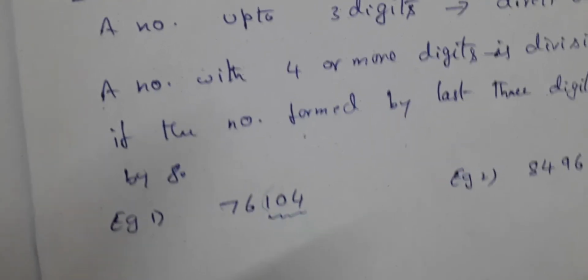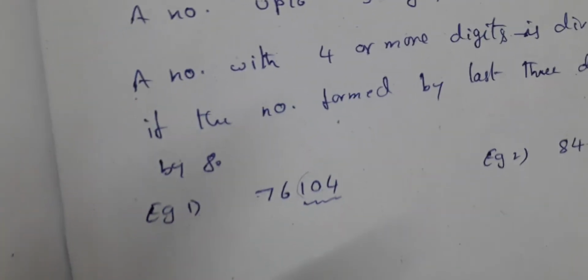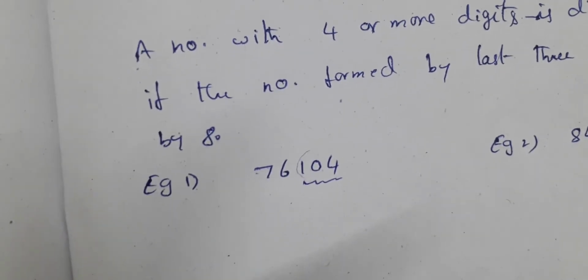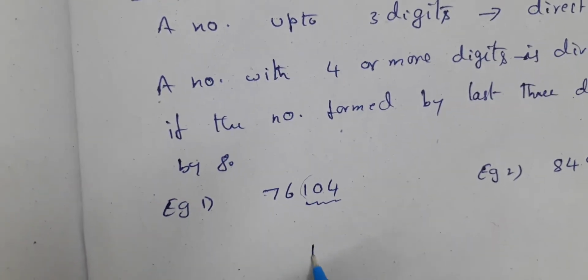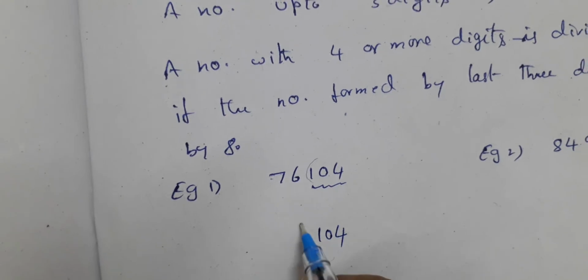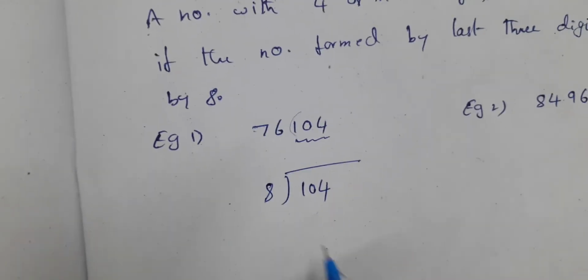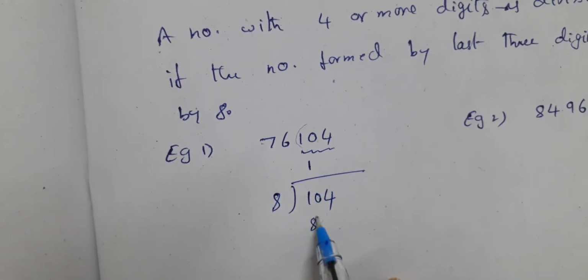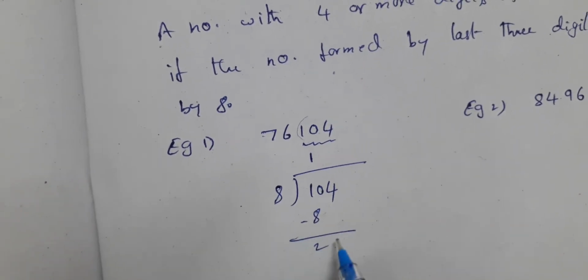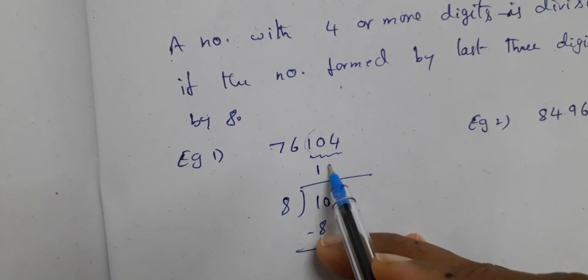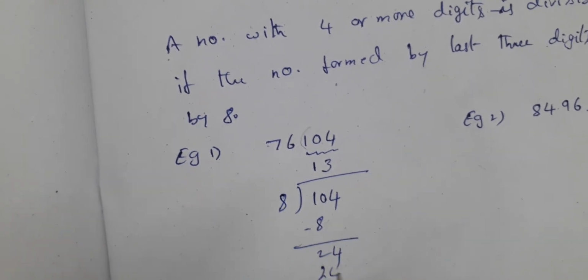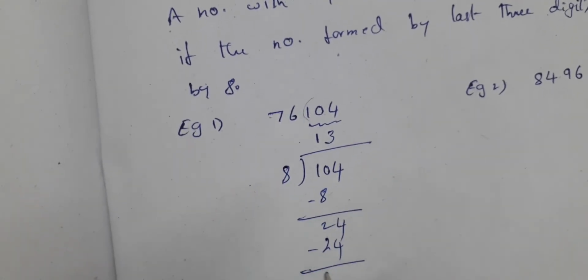So let's do the division. What is the division here? 104 being divided by 8. Let us see if it leaves a remainder 0 or not. So 8 ones are 8. So 2, 4, 8 3s are 24.